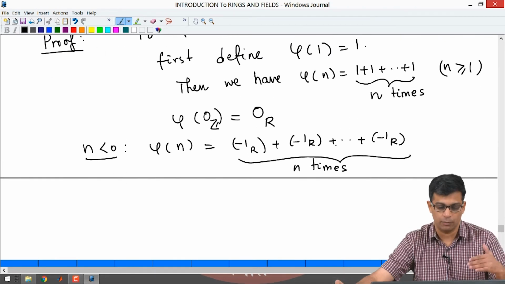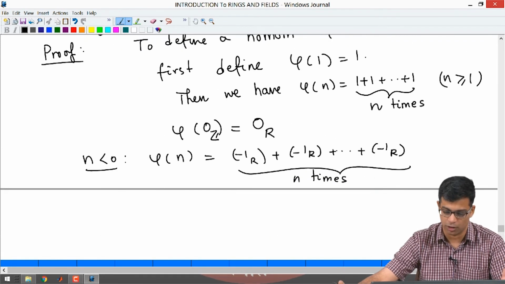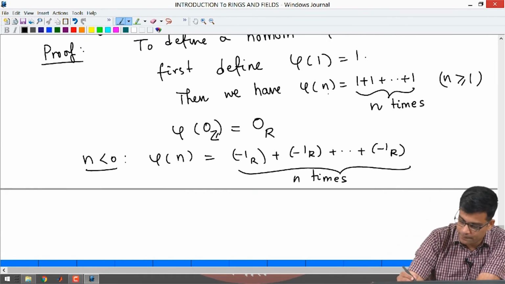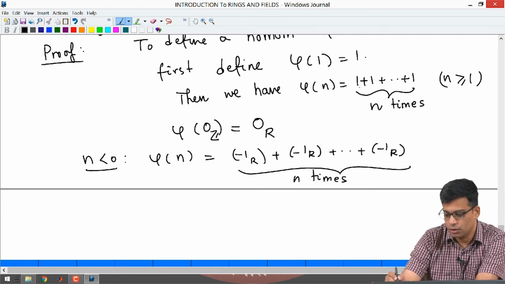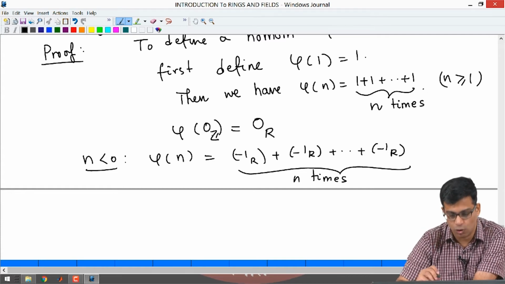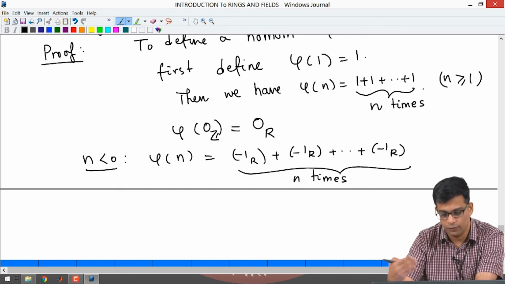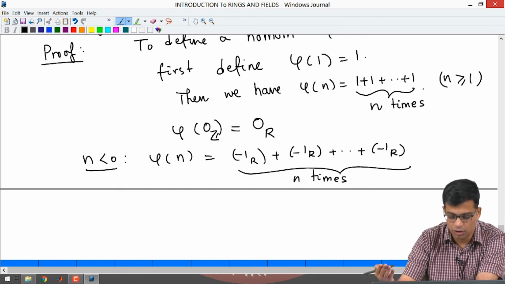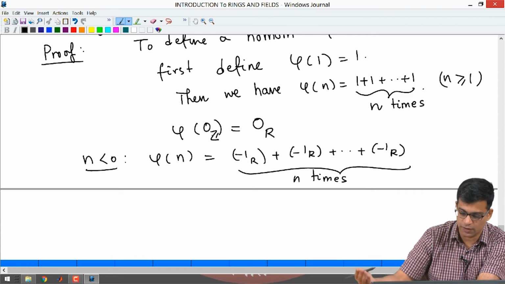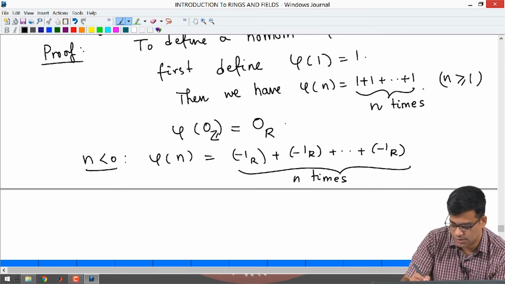So, really I have done both existence and uniqueness of a ring homomorphism from Z to R, because 1 must go to 1, that forces n to go to 1 plus 1 plus 1 plus 1, n times. It also forces 0, just like we have checked earlier: 0 must go to 0 because phi of 0 plus 0 is the same as phi of 0, that means phi of 0 plus phi of 0 is phi of 0, but in a group that implies that phi of 0 is the 0 element.